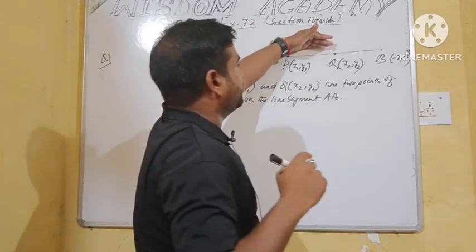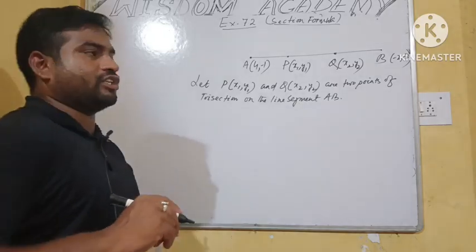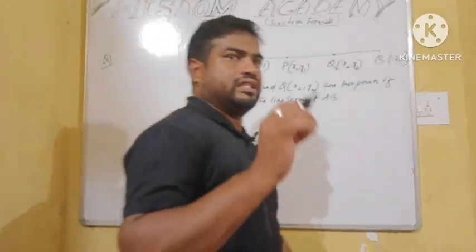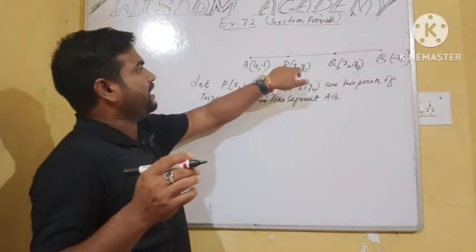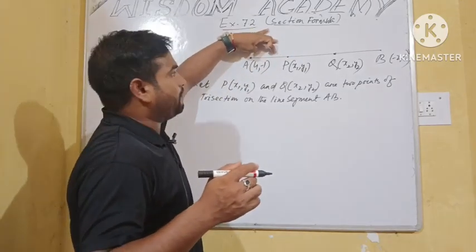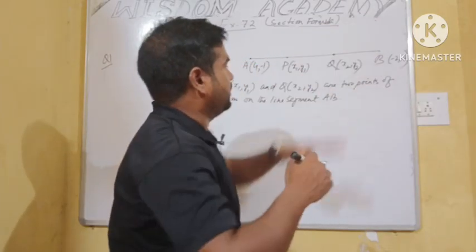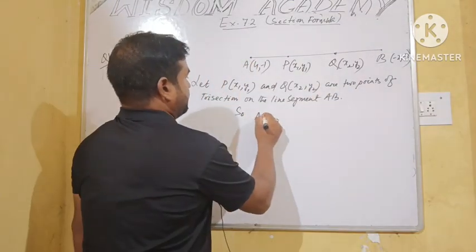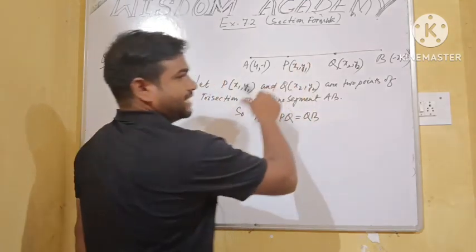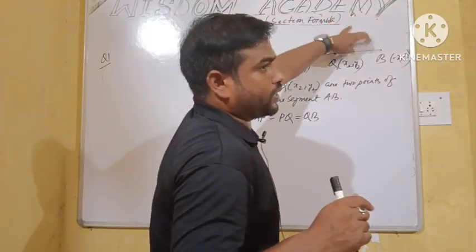Trisection means a line is divided into 3 equal parts. So P and Q divide the line into 3 equal parts, such that AP is equal to PQ is equal to QB.